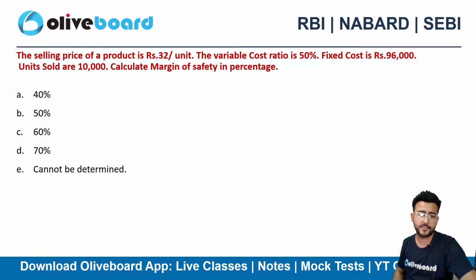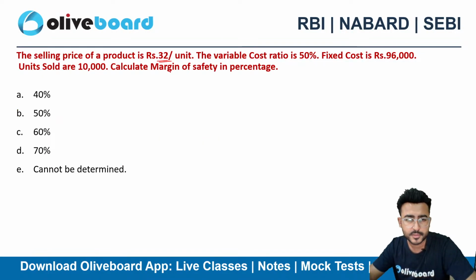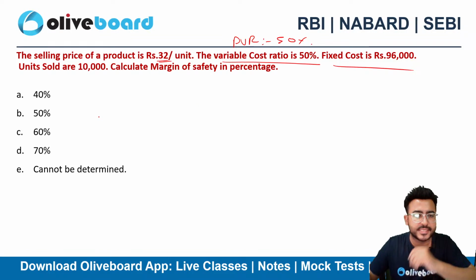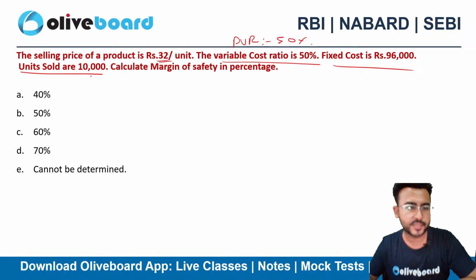Next question. The selling price of the product is 32. Selling price per unit is 32. Variable cost ratio is 50%, which means PV ratio is also 50%. Fixed cost is 96,000. Units sold are 10,000 units.